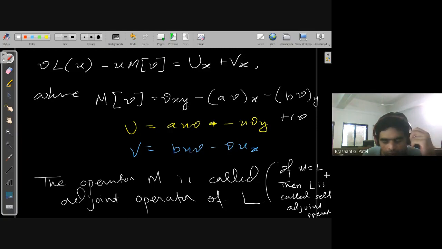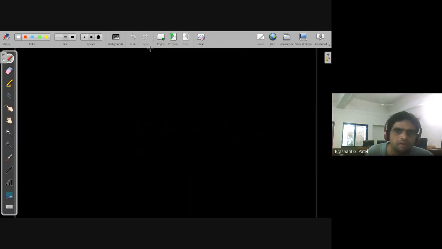Now using this operator, we will use that one to discuss the solution of the wave equation. For that, I need to have one theorem, which is known as Green's theorem.